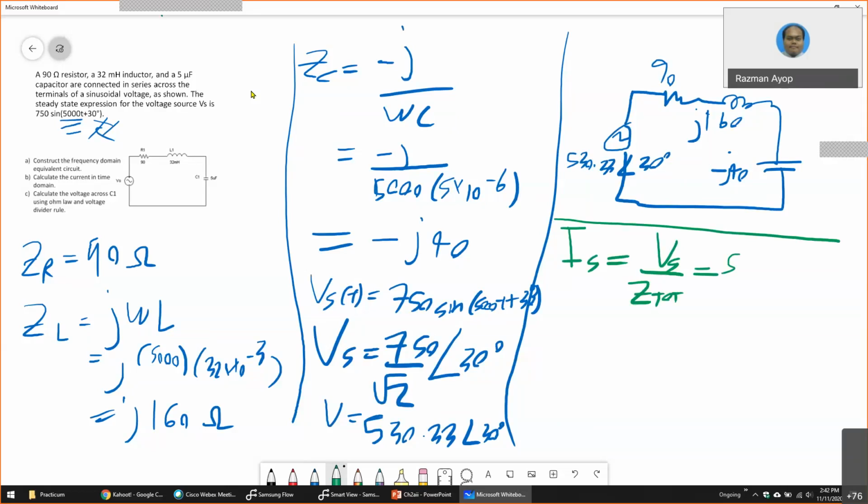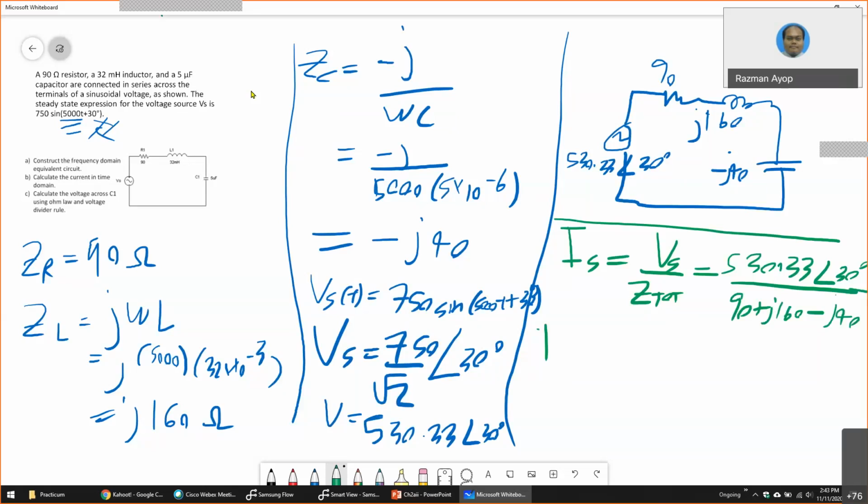So Vs is 530.33 angle 30 degrees divided by, because this is in series, you just add all the values: 90 plus J 160, and because this is minus, minus J 40. In series, you add everything together, like a DC circuit.